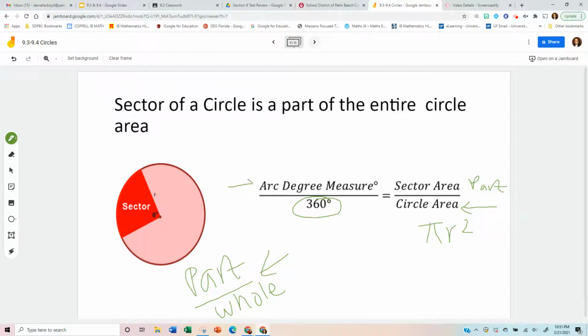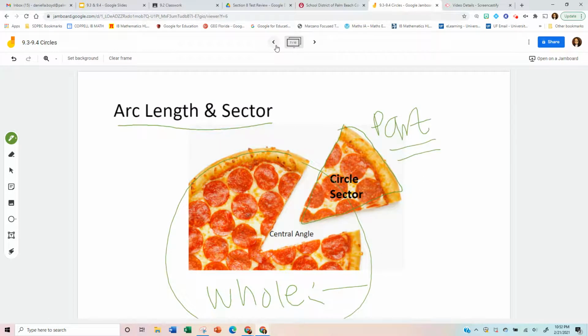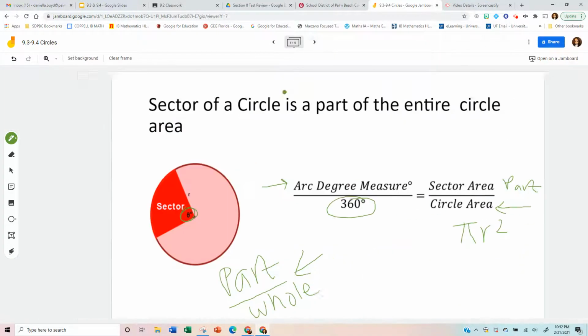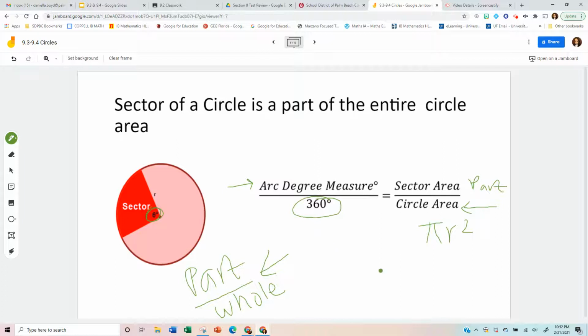Arc degree measure is like the little piece, like the corner of your pizza slice. So arc degree measure in terms of our pizza slice here would be whatever this angle right here is equal to, right? Because that's a piece of the entire circle, and the entire circle is 360.